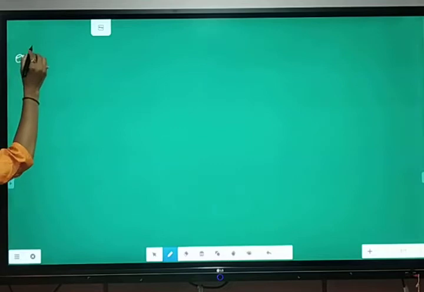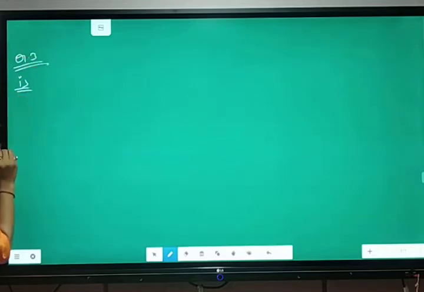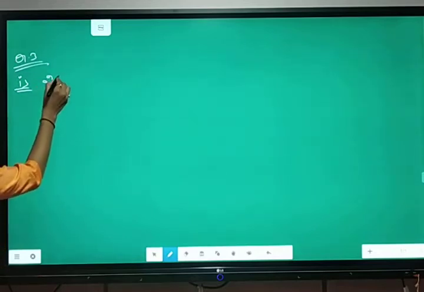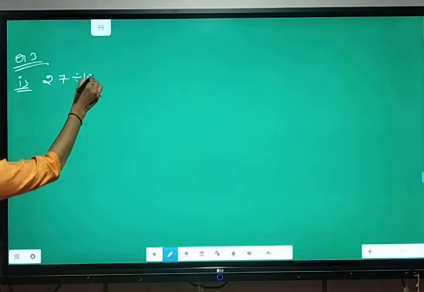Question number 3rd. First question is 2.7 divided by 100.